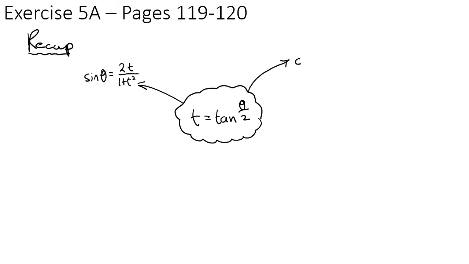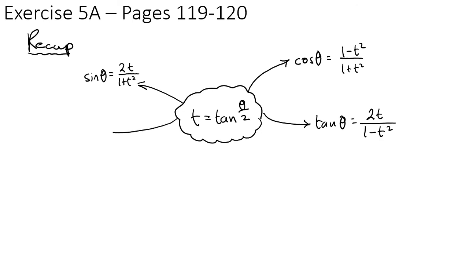Then cos theta, it'll be 1 minus t squared over 1 plus t squared. Tan theta, which will be like sine over cos, which will give you 2t over 1 minus t squared. And then we can get our reciprocals from these as well.